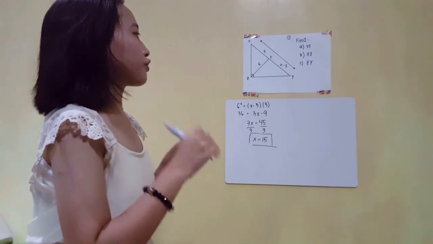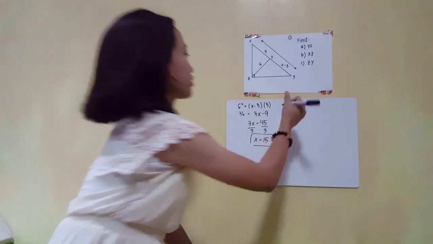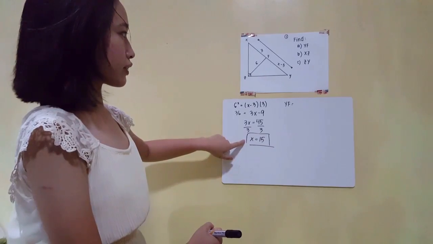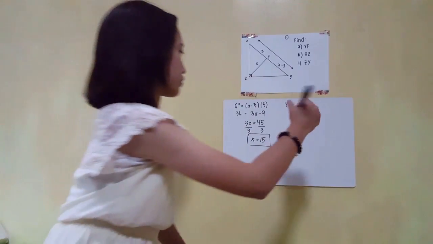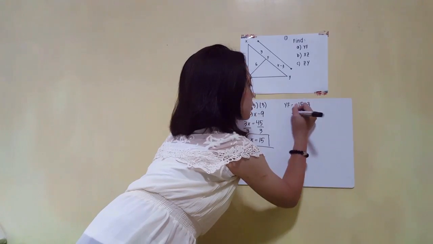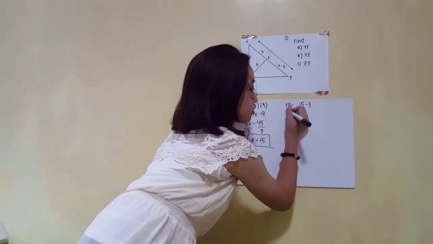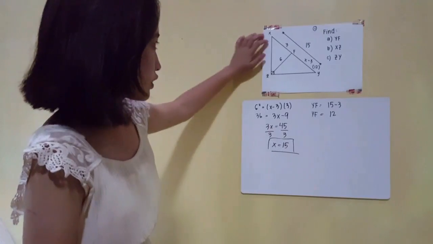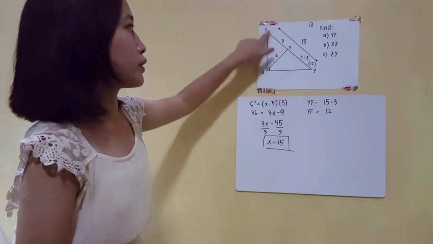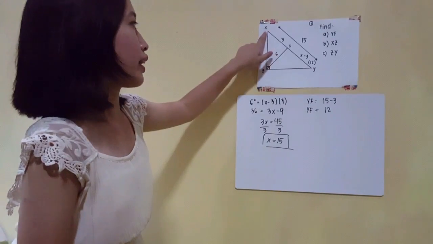In order to find YF, we will simply substitute x into this equation. Adding these two line segments, XF and FY, makes up this whole line segment, XY.